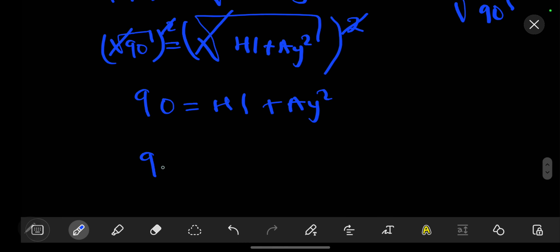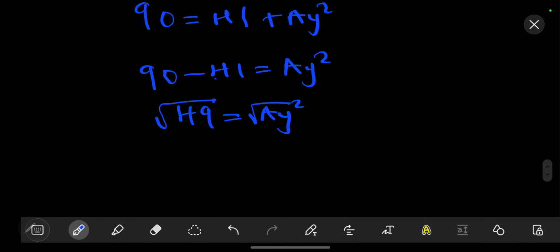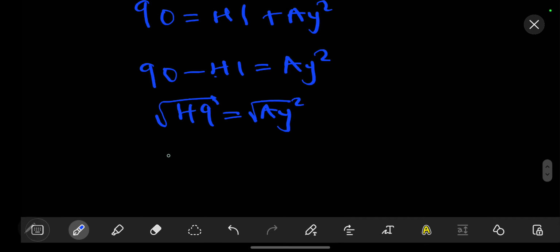So 90 minus 41 should be equal to ay squared. 90 minus 41 is 49, which is equal to ay squared. We introduce the square root, which gives 7, equal to ay.